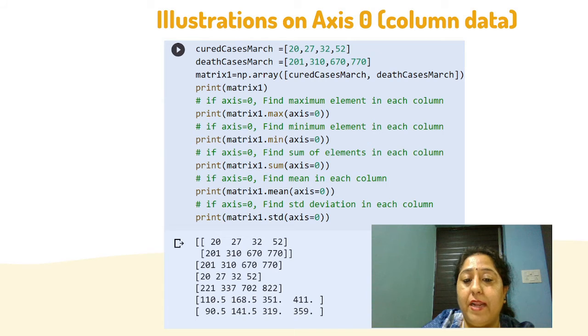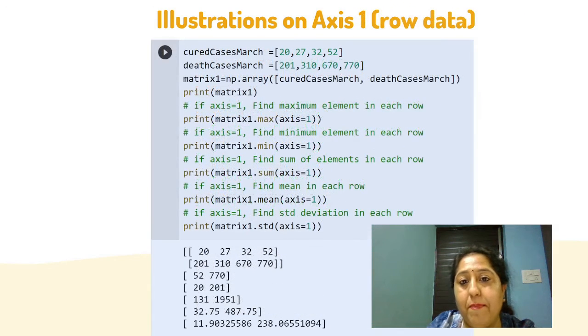Similarly, you apply the function matrix 1 dot mean for finding out the mean in each column, and matrix 1 dot std with axis equals to 0 to find out the standard deviation in each column of this two-dimensional matrix.